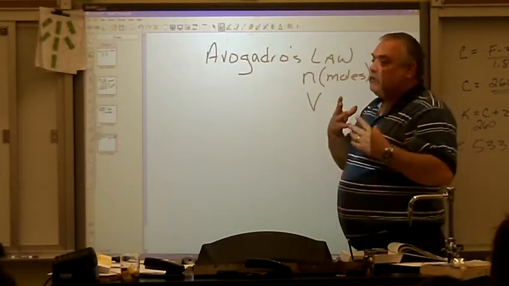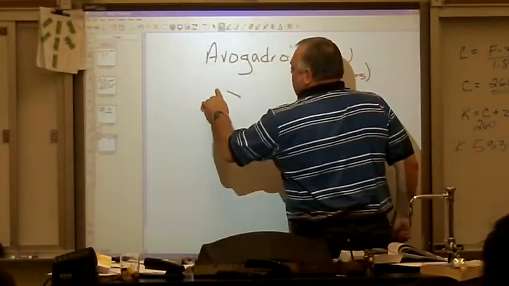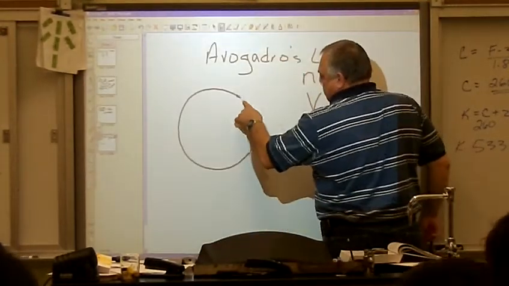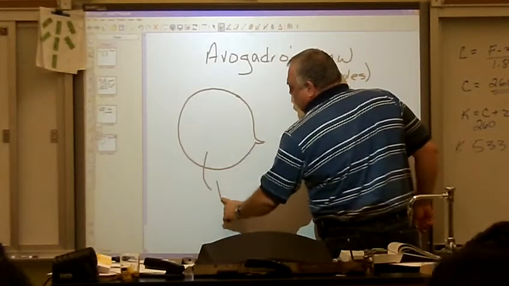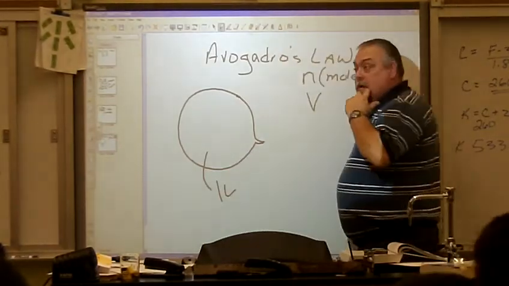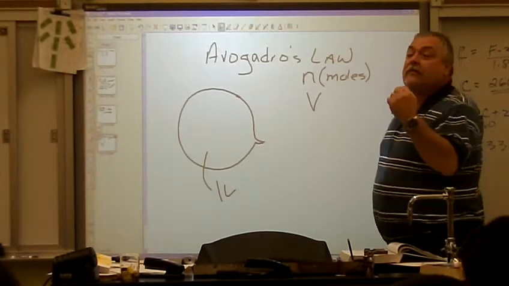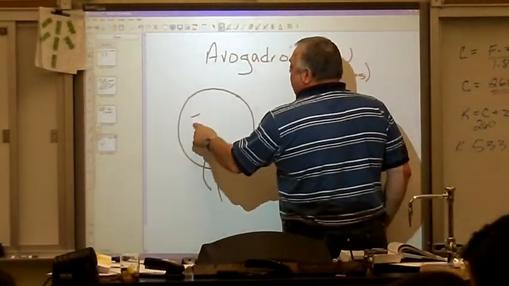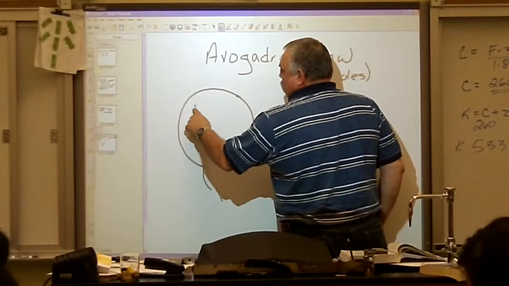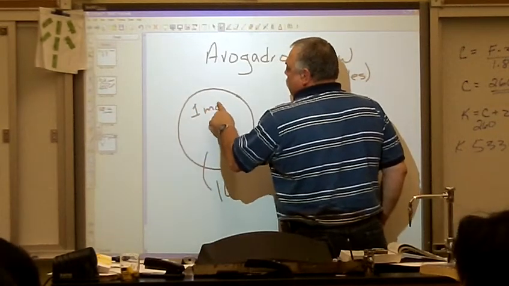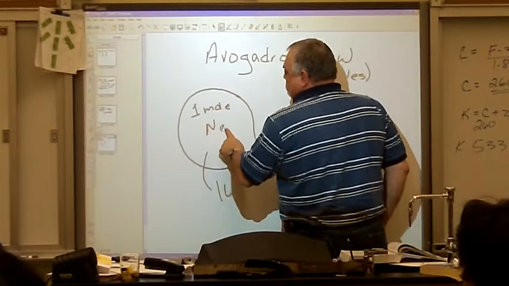Now, here's my question for you, and this is going to sound so simple it's ridiculous. I've got a balloon here. Let's say I know the size of this balloon is exactly 1 liter, and inside of this balloon I have exactly 1 mole of neon.